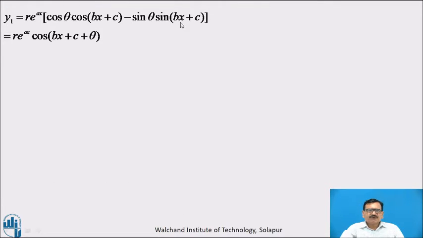Here we are using cos(A plus B) equal to cos A cos B minus sin A sin B. We can write r e raised to ax cos(bx plus c plus theta), because here A is bx plus c and B is theta.